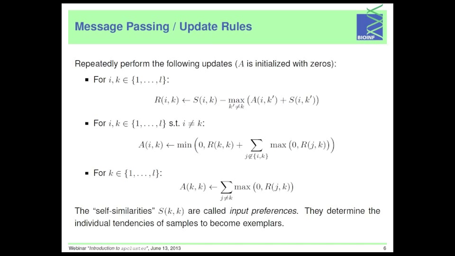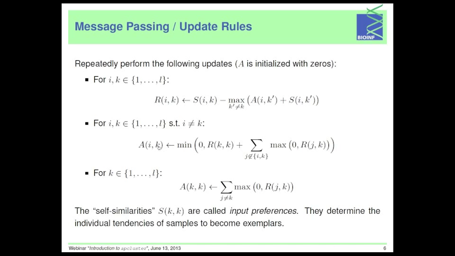In R, it's a little bit more than that, but not too much. So it's just three simple rules that you have to implement. I'm not going into details here because it would take too much time, and it's probably not what you're primarily interested in. It's just one little detail here that you see this update for the responsibility matrix is done for all pairs of samples, even if i equals k.